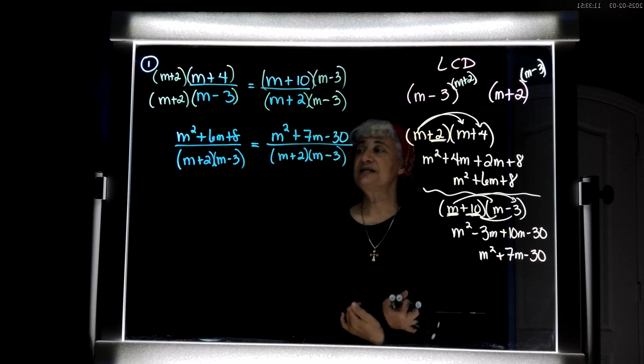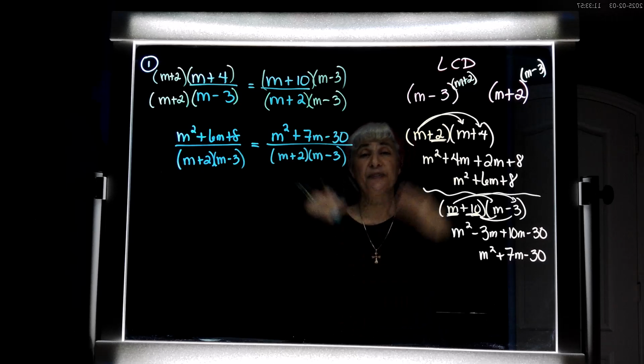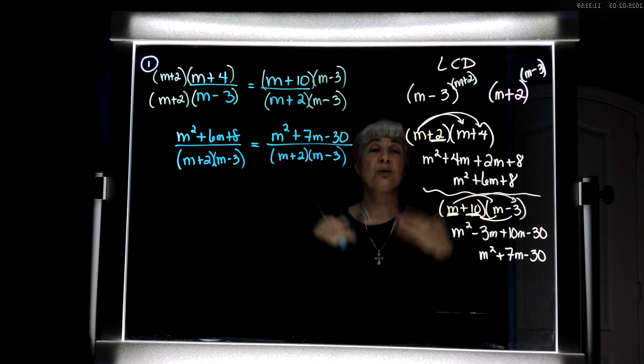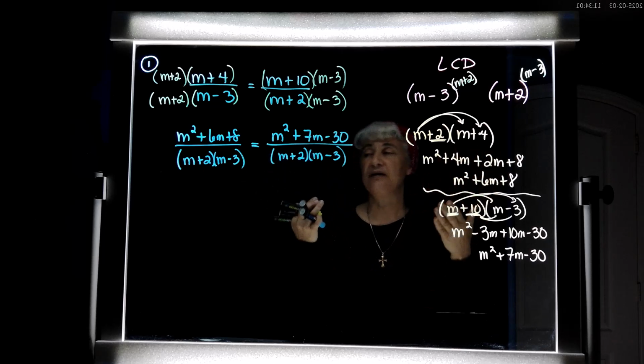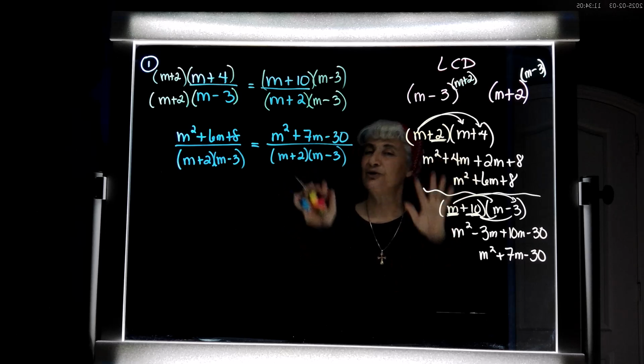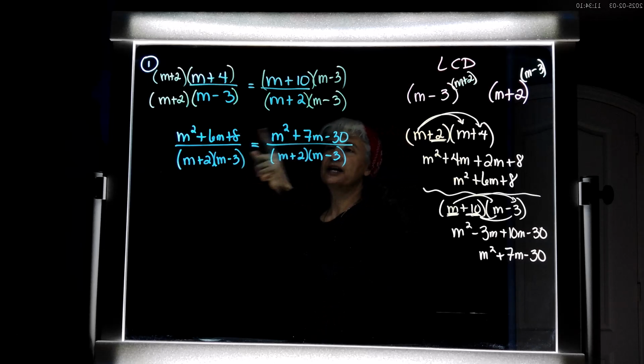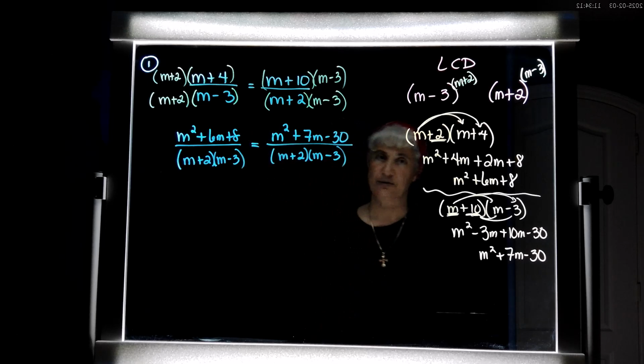Now, here's the deal. Getting the common denominator helped me to figure out what the numerators really looked like. What were they supposed to really be? Because when the denominators aren't the same, I don't know if these are my actual numerators or not. Now I know these are the actual numerators I'm supposed to be dealing with.